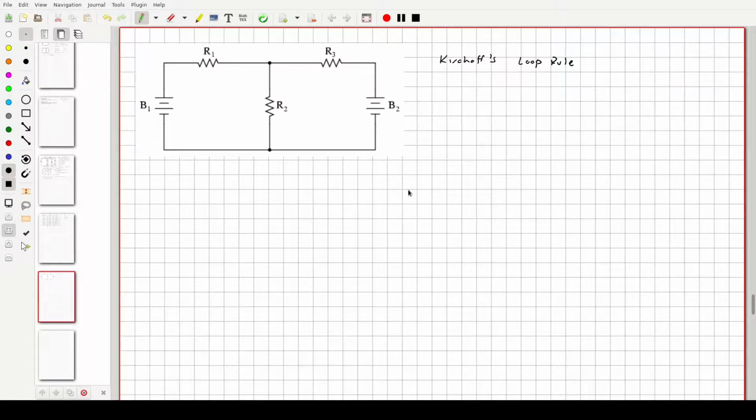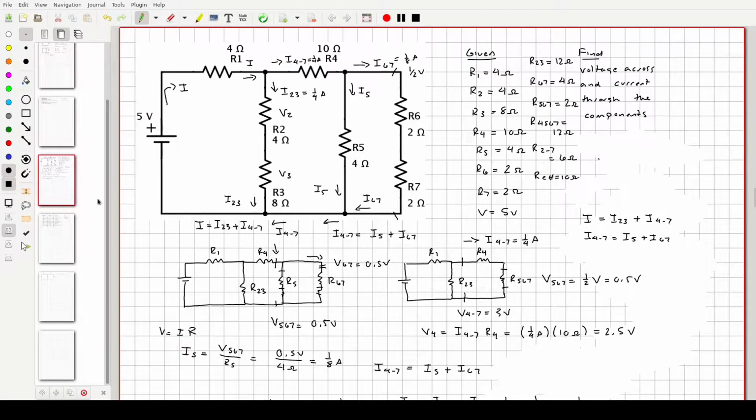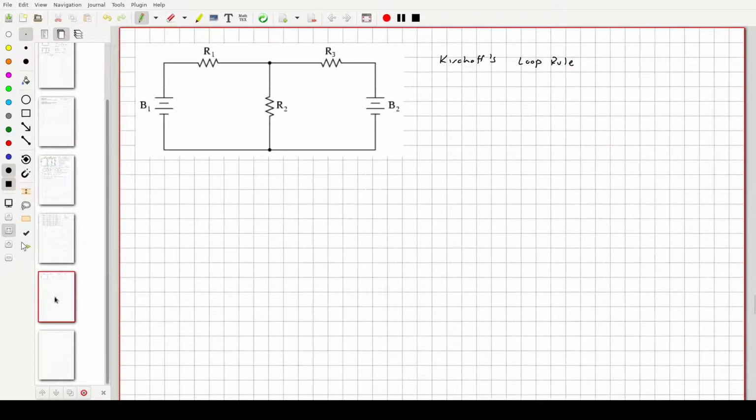Now, Kirchhoff's loop rule is based off of conservation of energy, and it's a way of dealing with circuits that may be complex, in which you can exploit it. Like, for example, this right here, we could have potentially used Kirchhoff's loop rule. As to whether it would have been easier or not, it's arguable. And here, where we have multiple sources, because we have 2 batteries here.